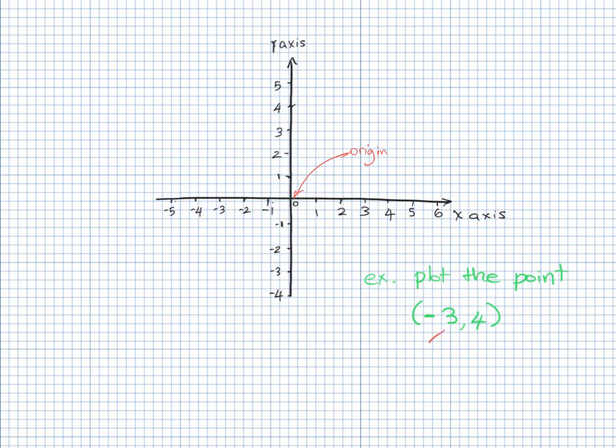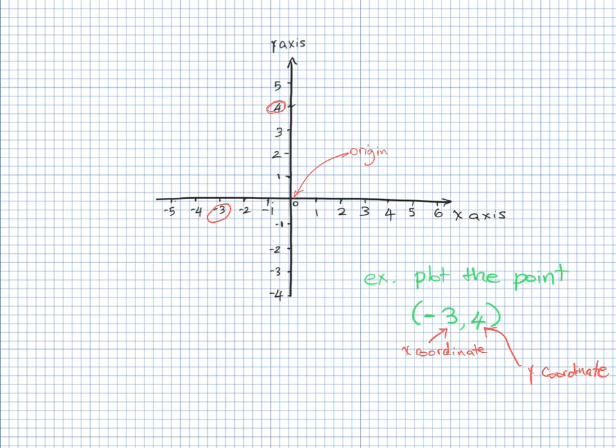All right, so it looks like our x-coordinate, because x is always written first, is -3. So that's right here, but that's not the point, that's just the x-coordinate. And our y-coordinate is 4. So on the y-axis, the y-coordinate is 4. Again, that's not the point, that's just where the point is located on the y-axis.